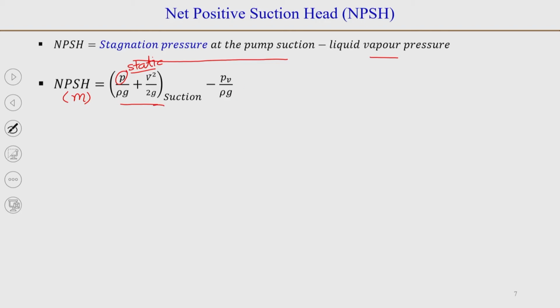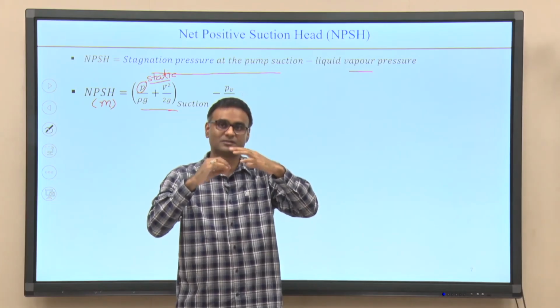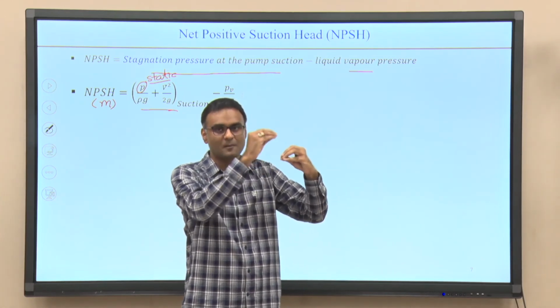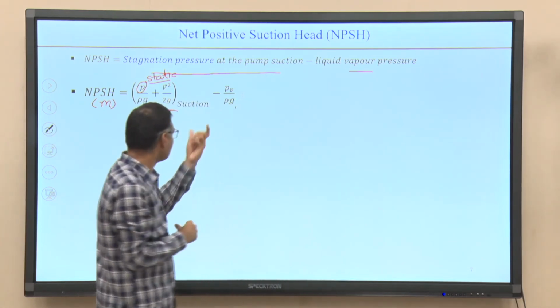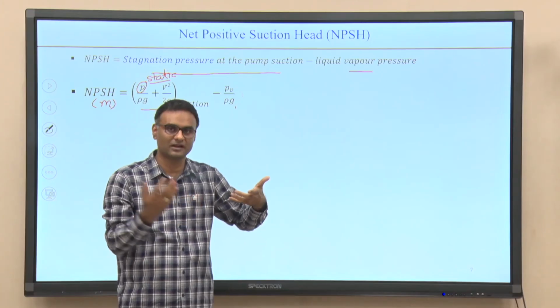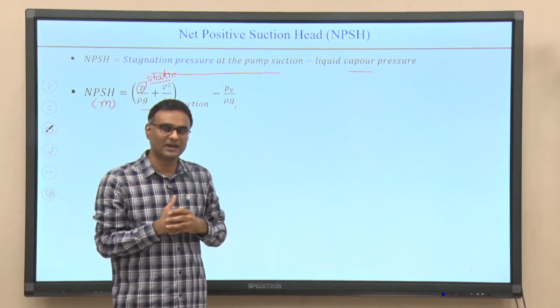Physically, that is the difference between the stagnation pressure at the suction and the vapor pressure. If this number is sufficiently high, then the chances of cavitation occurring in the pump are minimized.